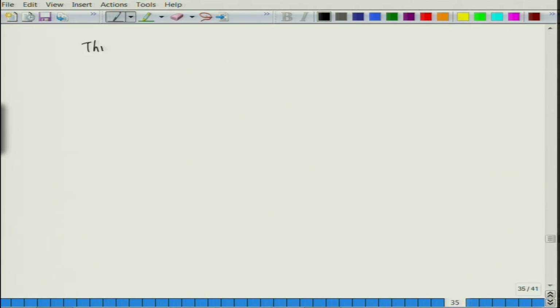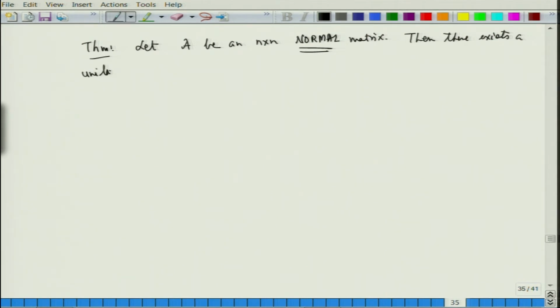So, theorem, let A be an n cross n normal matrix, then there exists a unitary matrix U such that U star AU is a diagonal matrix, all right.